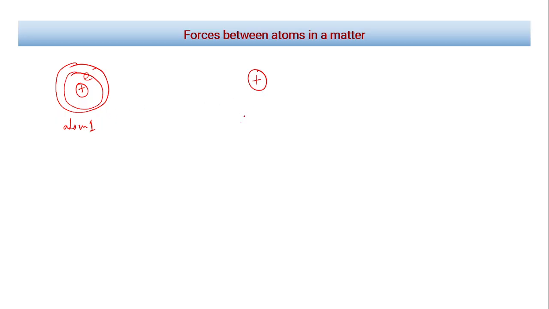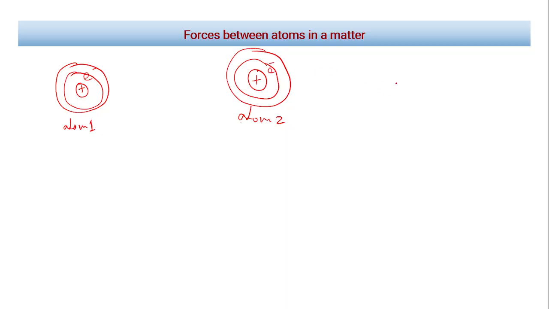I'm taking atom 1, atom 2. Even if it's another element, the understanding will be the same, but just to keep it simple, same material, different atom. I have a positive core, electron is there.